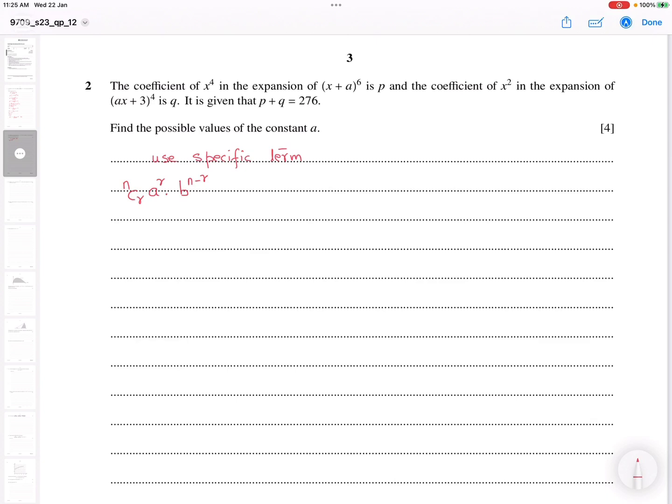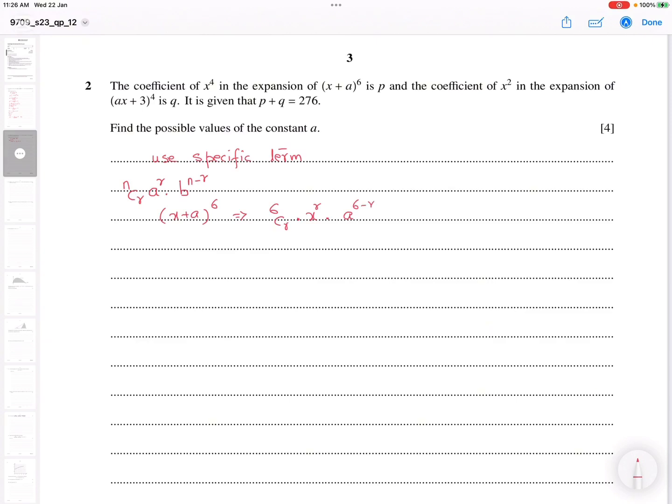So for (x plus a) whole power 6, I can use this formula on that. So 6Cr x power r, a power 6 minus r.